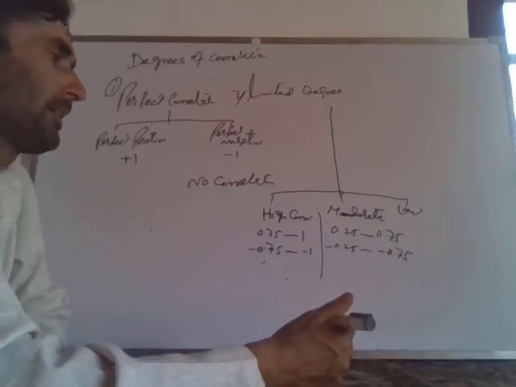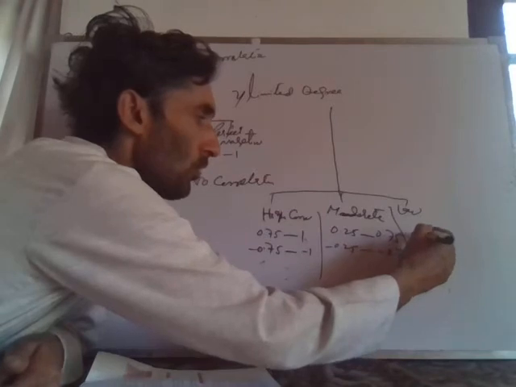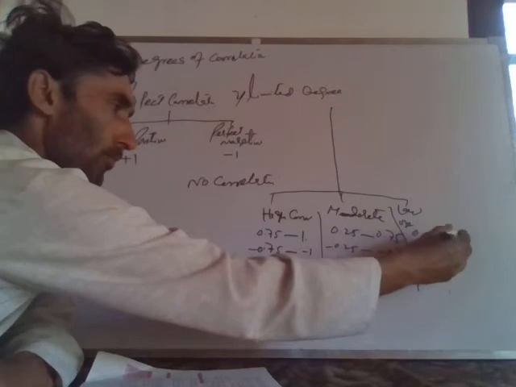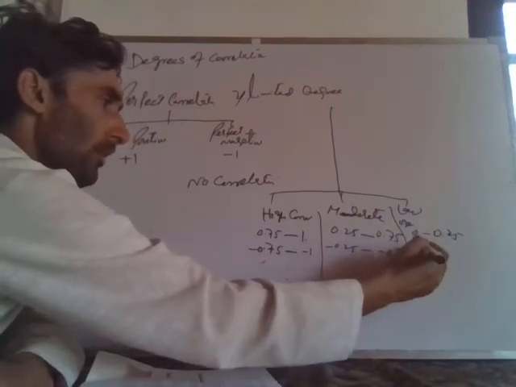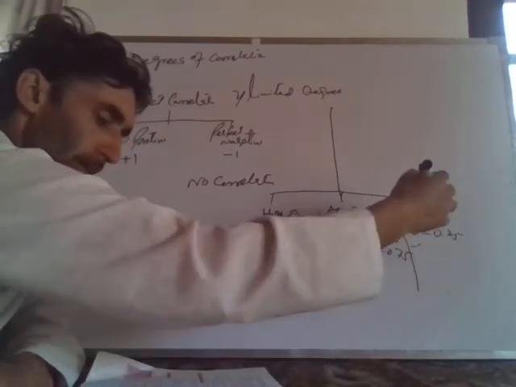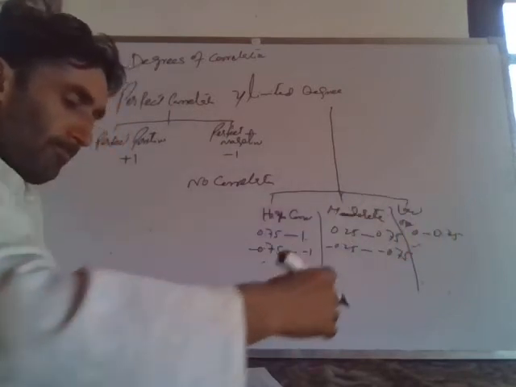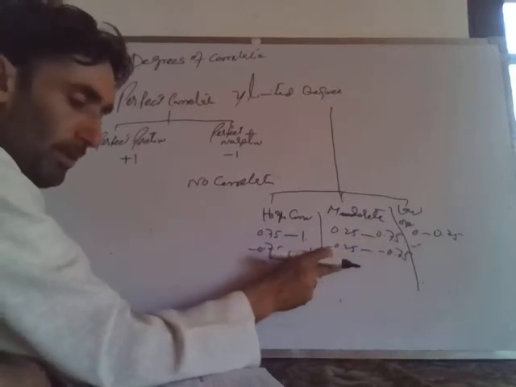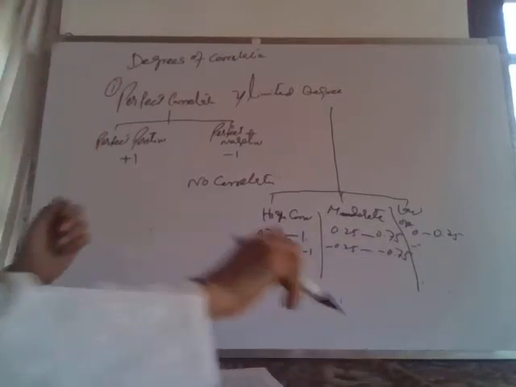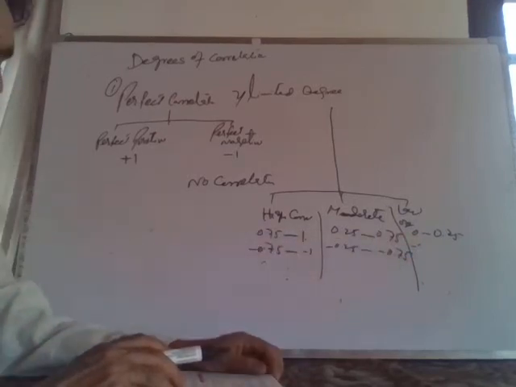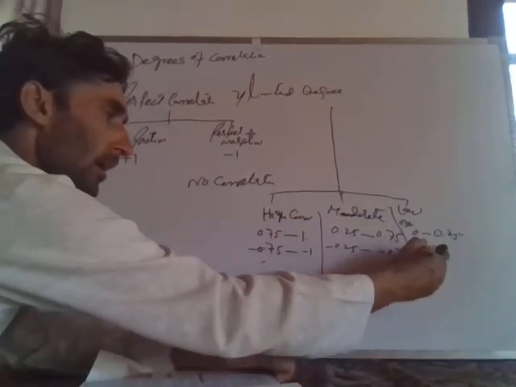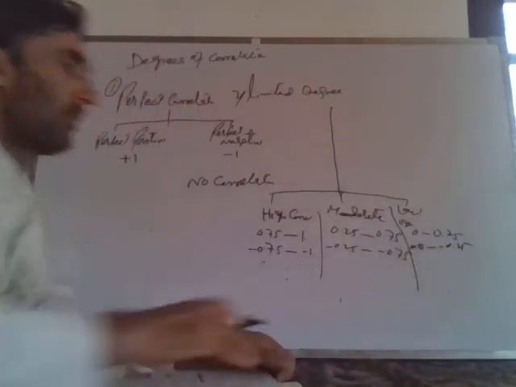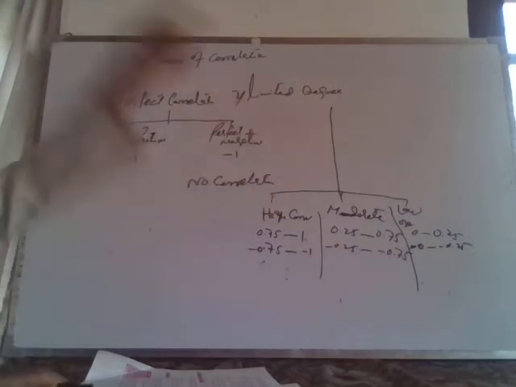And low correlation is between 0 and 0.25, and 0 and -0.25.